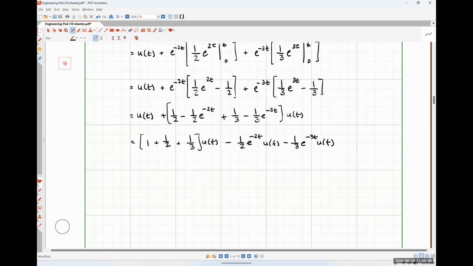When I add 1 plus 1/2 plus 1/3, I get 11 over 6. And so this is just going to look like 11/6 minus 1/2 e to the negative 2t minus 1/3 e to the negative 3t, all multiplied by my unit step function.